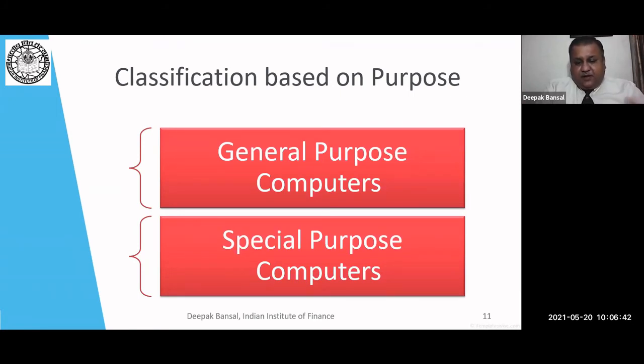That is how a weather forecasting computer works. It does not do any other job: accepting input from satellite, converting it into a forecast, and delivering it to the customers.